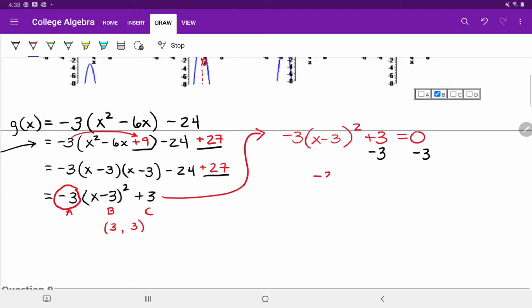So that's going to give us -3 times x minus 3 squared equals -3. Then, to get rid of this other -3, we're going to divide both sides by -3.